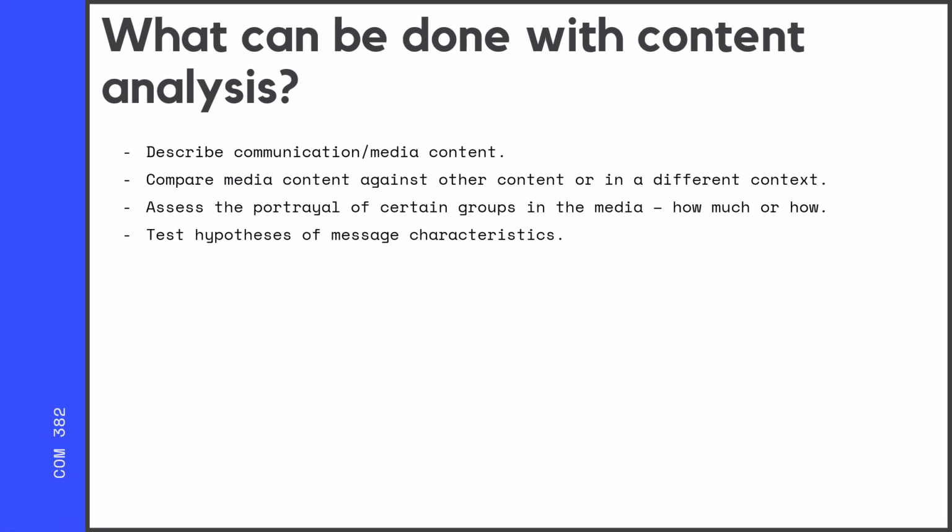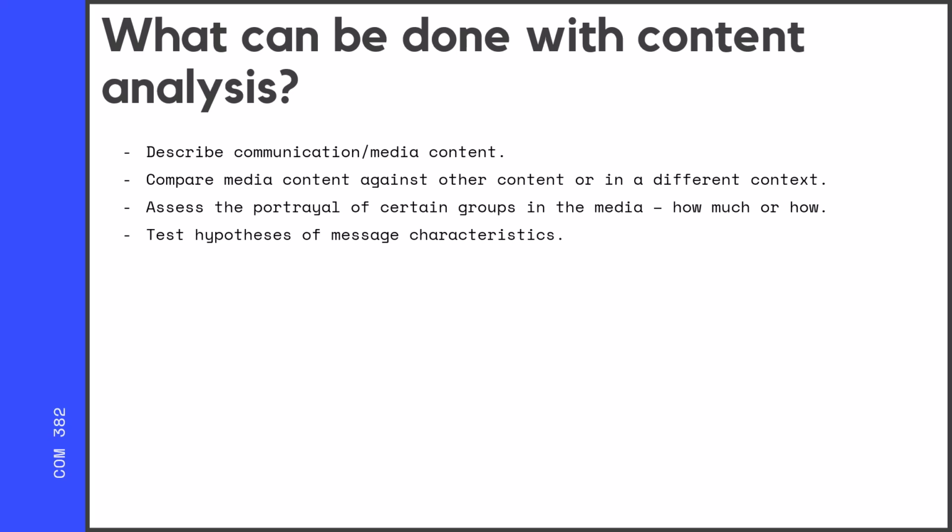Another type is comparing media content against other content or in a different context. For example, you could have a study that looked at representation of Asian Americans in news coverage versus entertainment media.